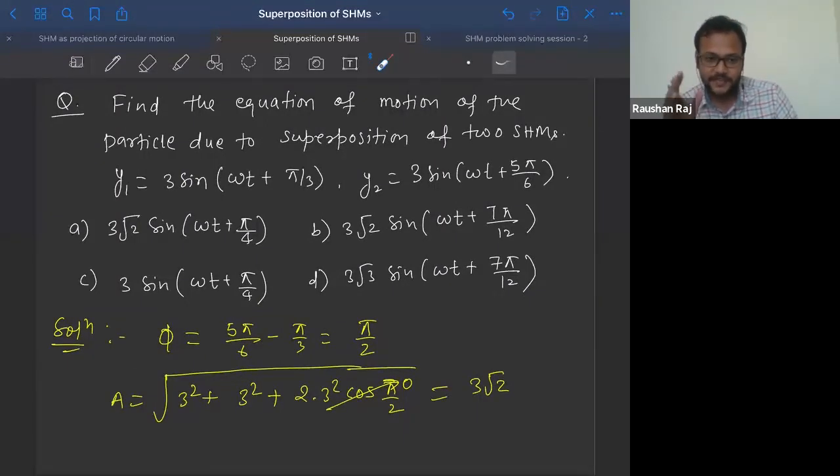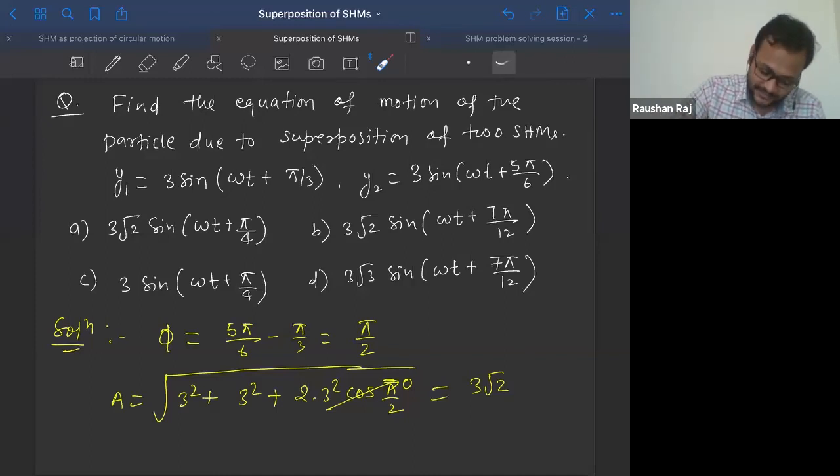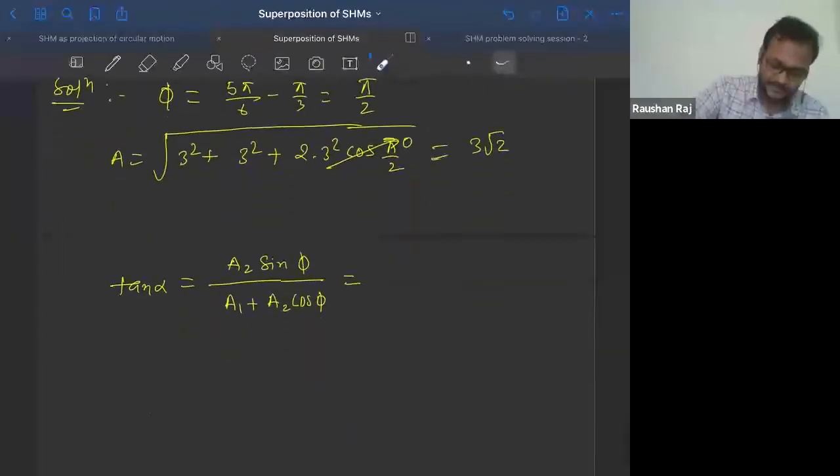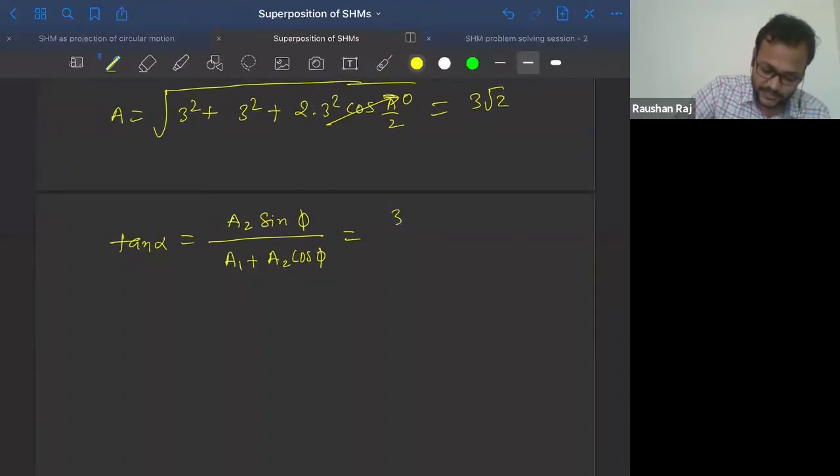The amplitude of the simple harmonic motion which is having larger phase. Here A1 and A2 both of them are same. So let us write that. 3 into sine of pi by 2 divided by 3 plus 3 into cos of pi by 2.